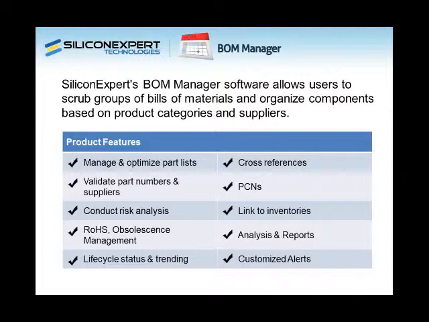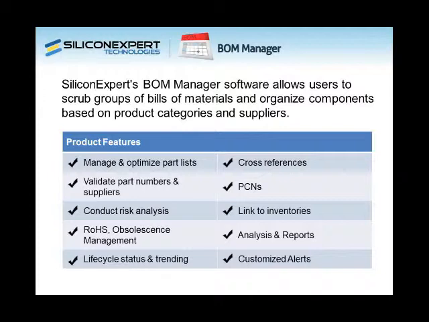So when you manage and optimize a part list, what we're talking about is scrubbing. So the first thing that you're going to do is you're going to scrub. You need to manage and optimize that part list, make sure that those are accurate numbers. You want to find out what the risk is within a BOM, and we'll look at the different risk factors.